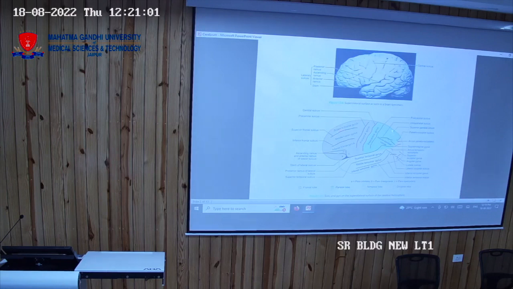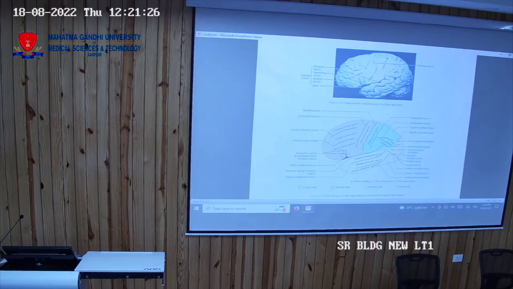This one. And the area of the cerebral hemisphere behind this first imaginary line, that is the occipital lobe. And the area of the cerebral hemisphere below the posterior ramus of the lateral sulcus, that is the temporal lobe.